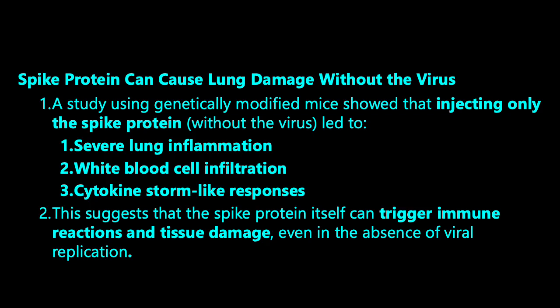Okay, a study using genetically modified mice showed that injecting only the spike protein without the virus can lead to severe lung inflammation, can affect the white blood cell infiltration, can cause cytokine storm-like responses. That means this is a very strong effect that is not safe to the body. This suggests that the spike protein itself can trigger immune reactions and tissue damage, even in the absence of viral replication.